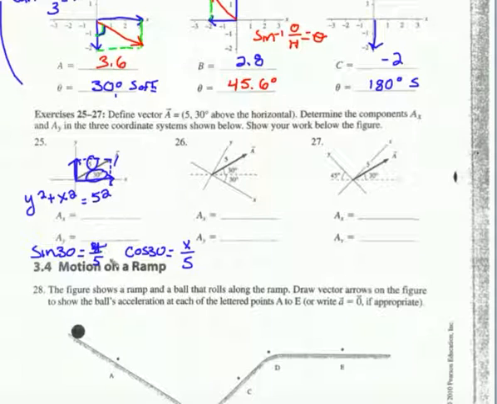Okay, so these are really just like 16 through 18, except we have to pay closer attention to our angles. We have a big 60-degree angle here, which makes this one the rest of that 90-degree angle. And then you just use those angles to find your x and y components.